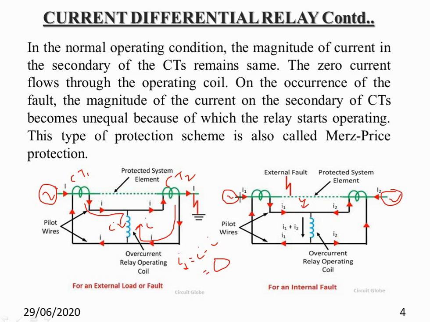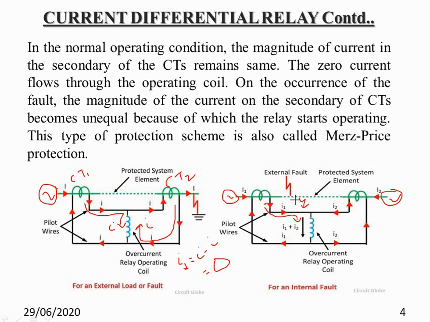Suppose from source 1, I1 current is flowing. Suppose the secondary is this one, I have given a dot here. Through the pilot wire this I1 current will flow in this direction, which I have shown here.